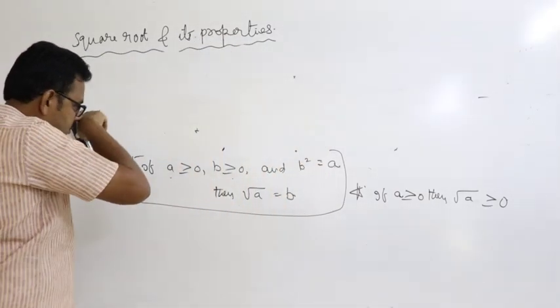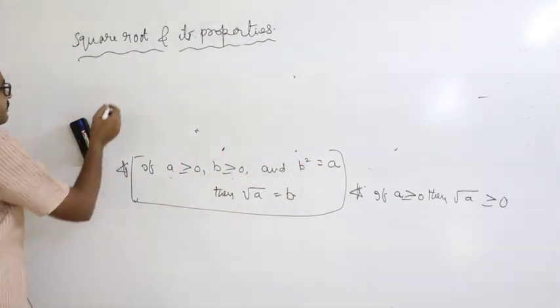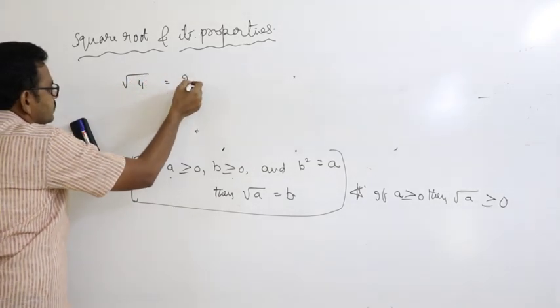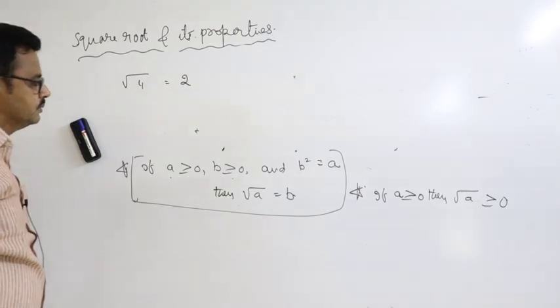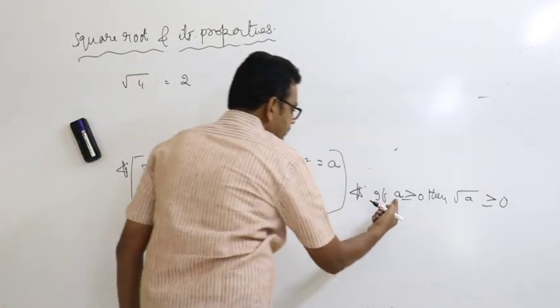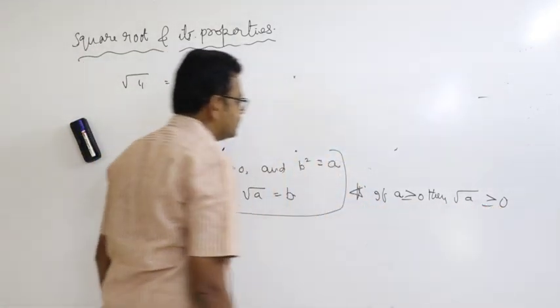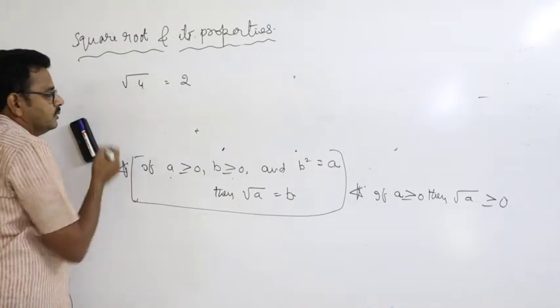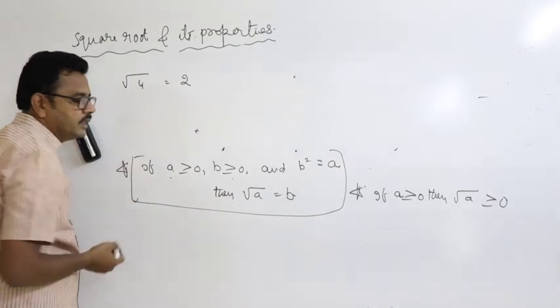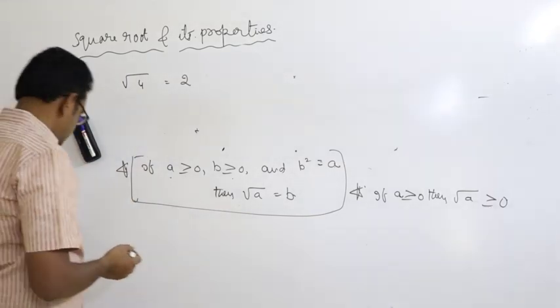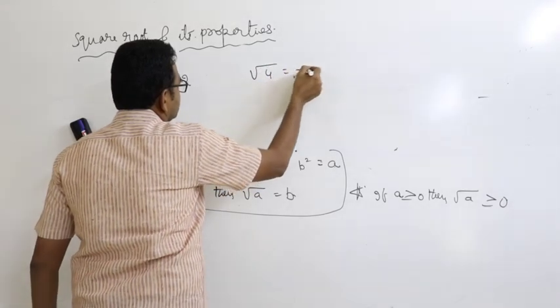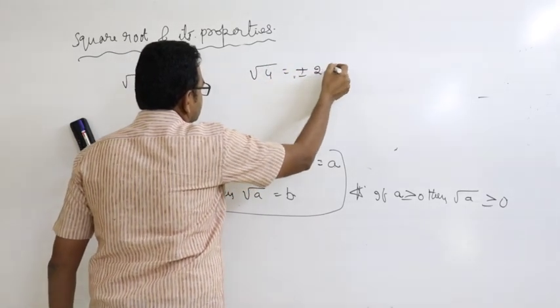Now, according to this definition, root 4 is equal to what? Plus 2. If a is greater than or equal to 0, root a is also greater than or equal to 0. So here 4 is greater than 0 implies root 4 is also greater than 0. Saying root 4 is equal to plus or minus 2 is wrong.